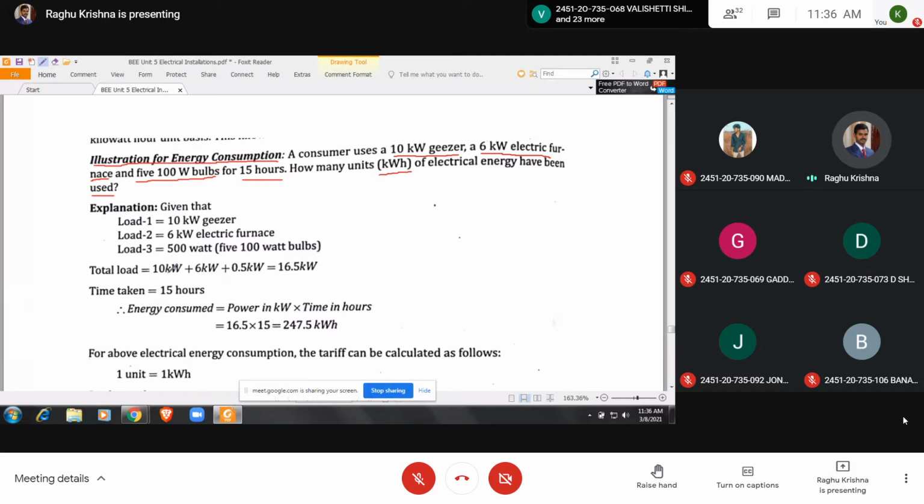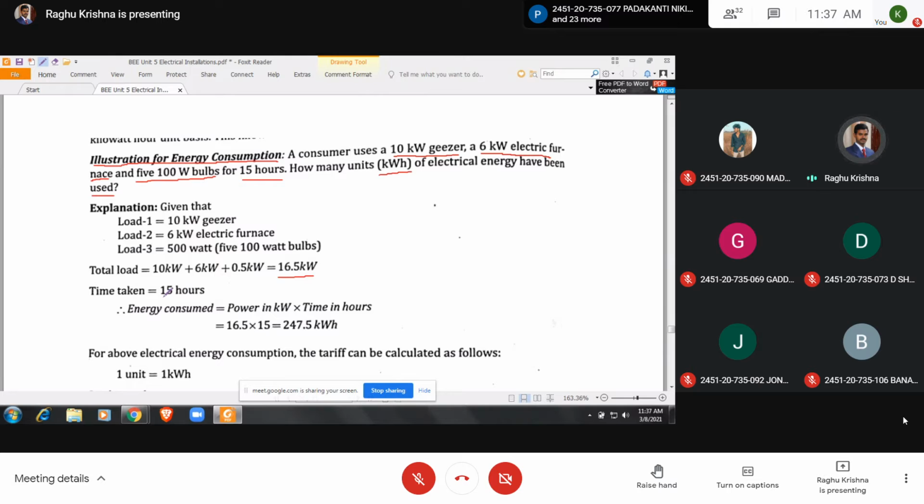For the total load, take all in kilowatt. If you convert 500 watt to kilowatt, it becomes 0.5 kilowatt. So total load is 16.5 kilowatt. Next, what is the time taken? Time is 15 hours.